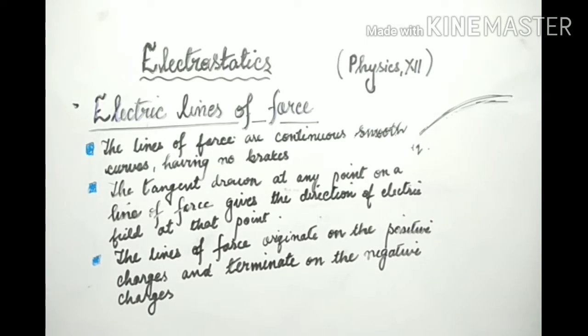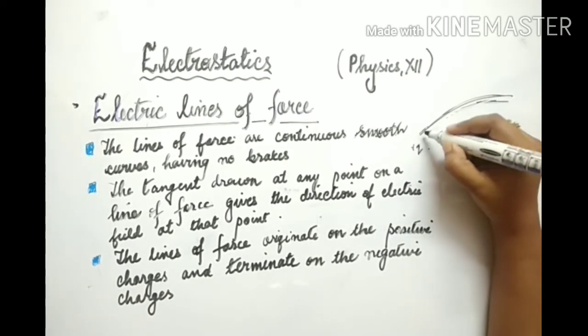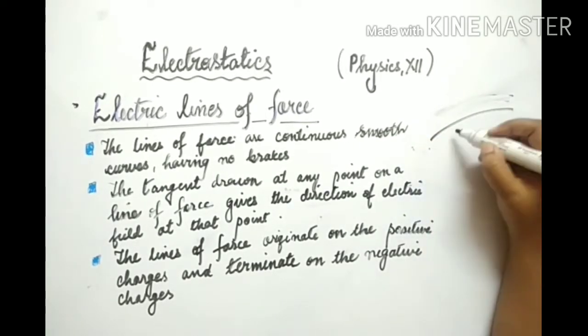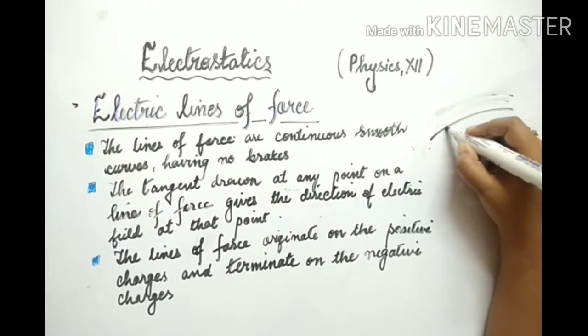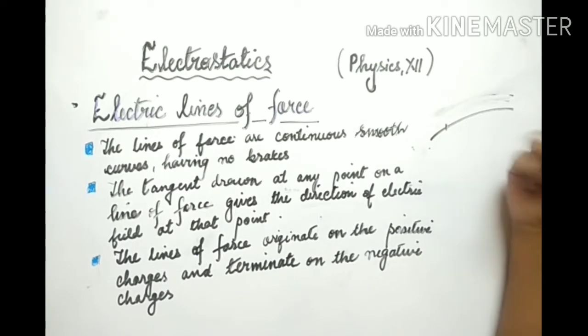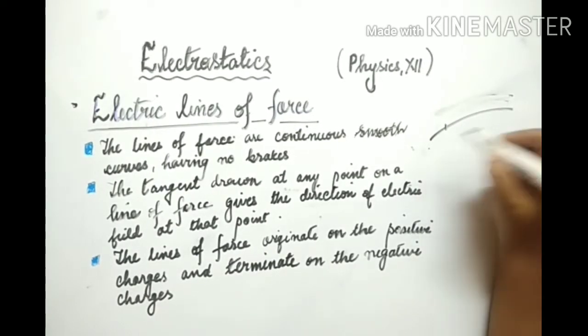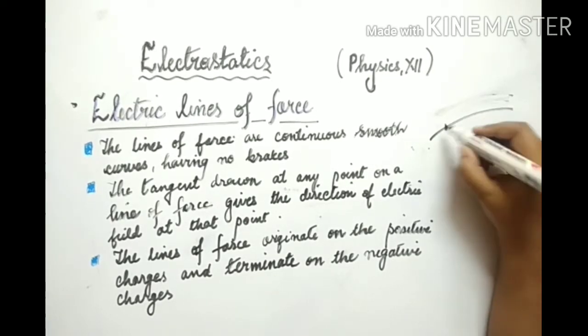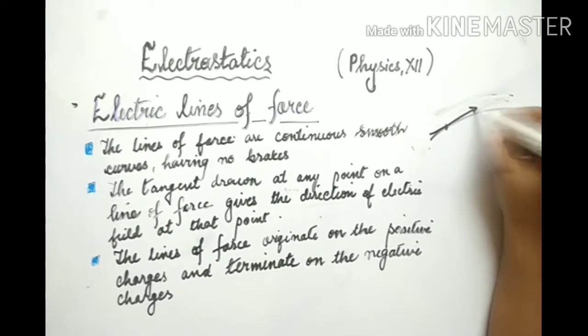Next point, it says that the tangent drawn at any point on the line of force gives the direction of electric field at that point. Now, what is the meaning of this statement? Suppose this is the imaginary line, or the line of force. Suppose you want to find out the electric field. The electric field at a particular point is given by drawing a tangent at that point.